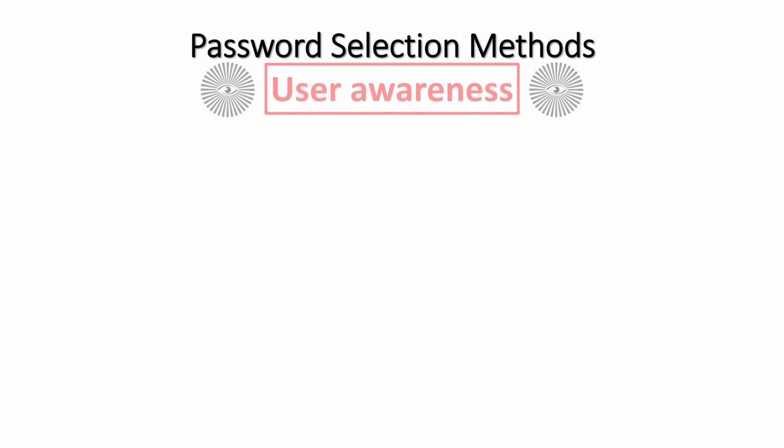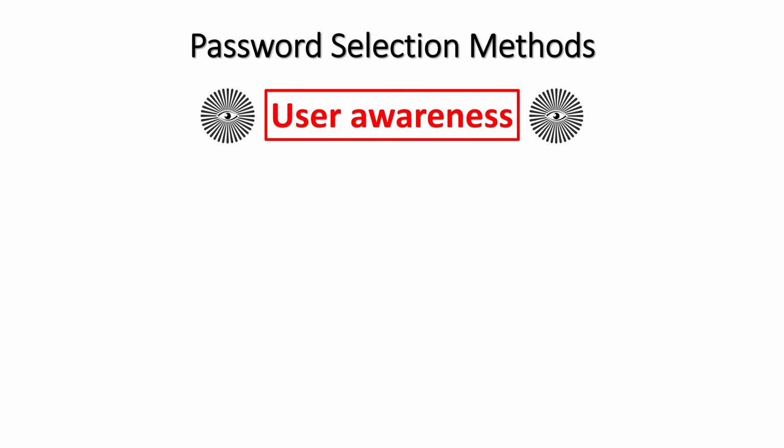There are various password selection methods that should be taken into consideration when formulating a secure password. User awareness is extremely important because if a user is unaware of the dangers of having a basic password, then it may be too late to help them. Their password could get exposed and cause all kinds of trouble with things like their bank accounts, social media accounts, credit card accounts, especially if they're using the same password for all those accounts.